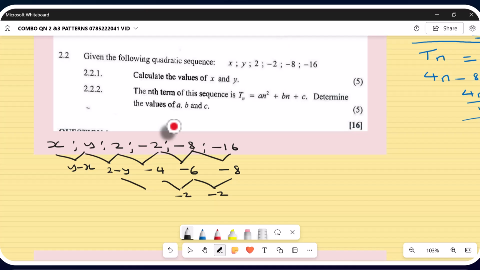Now to begin with, let's first get some space here. We know that our Tn for a quadratic is given by Tn equals an squared plus bn plus c.